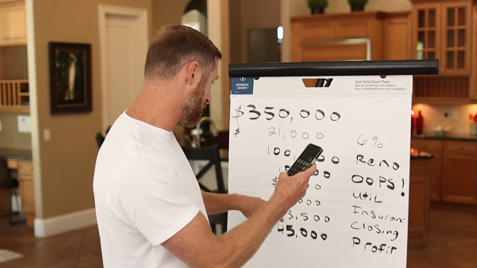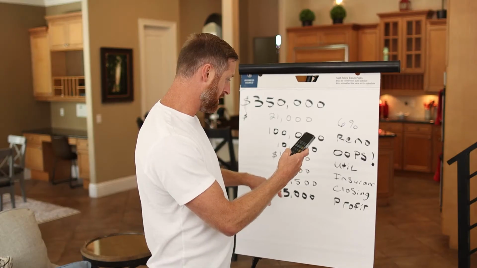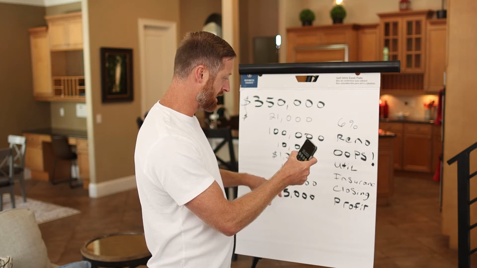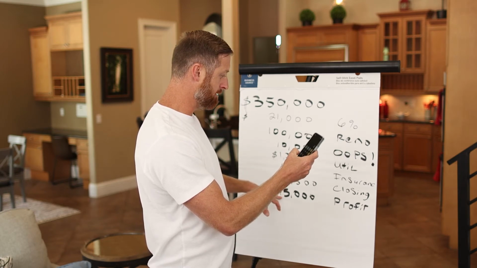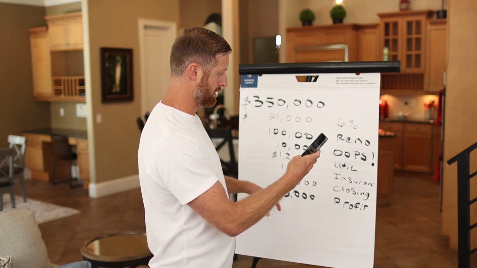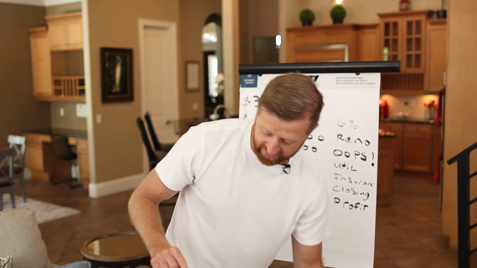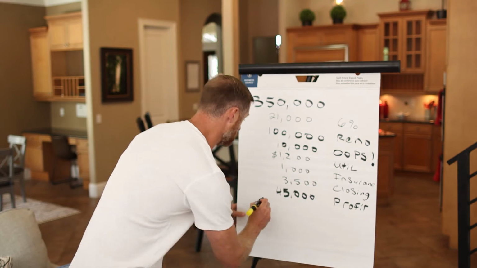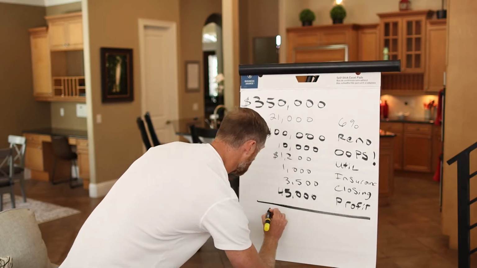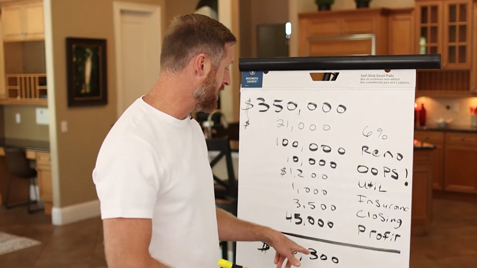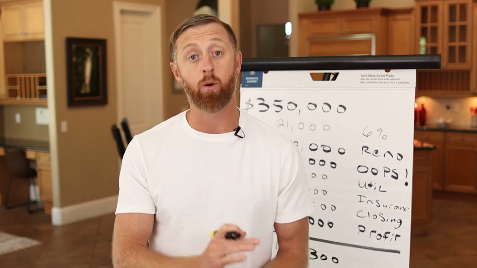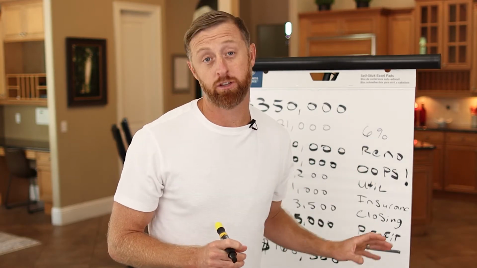Minus $1,000 for insurance, minus $3,500 for closing costs on the sell side, minus $45,000 for profit. So that tells me I can pay up to $168,300 for this property. $168,300 is the max allowable offer I can pay for this flip property.